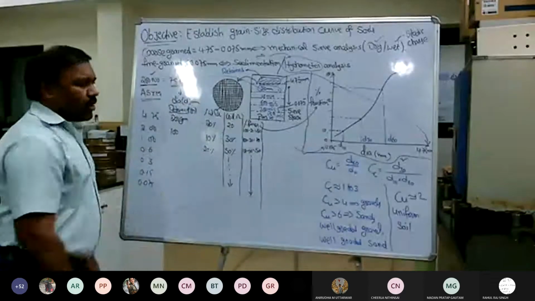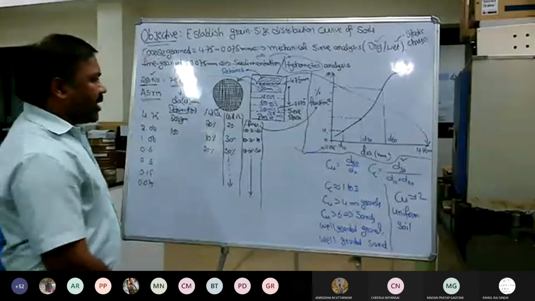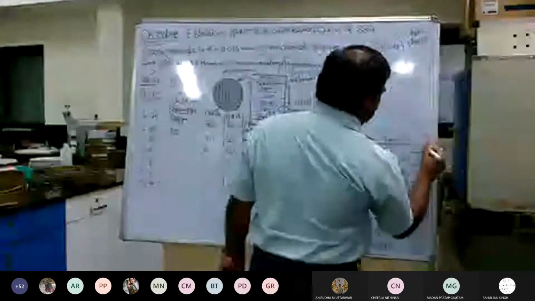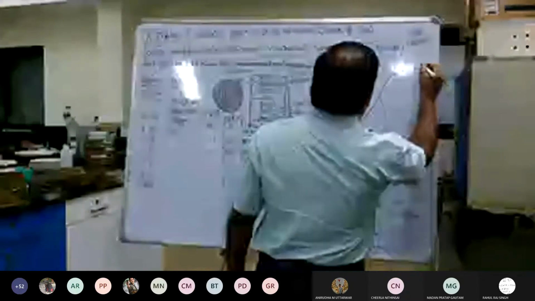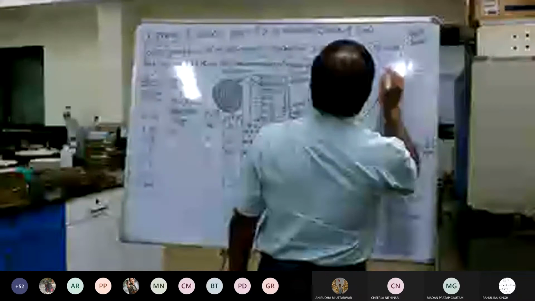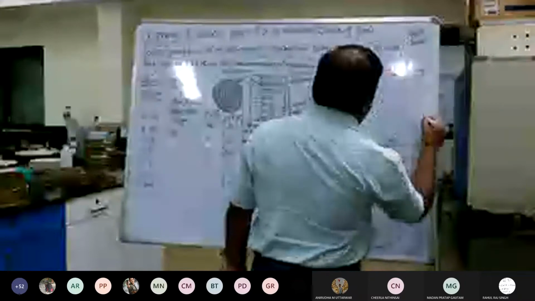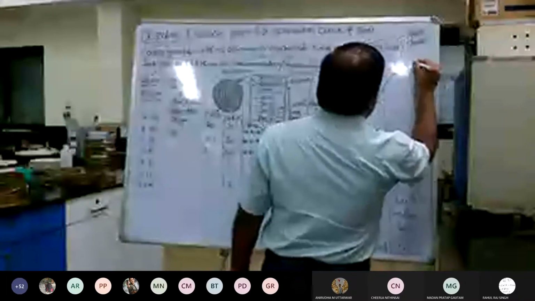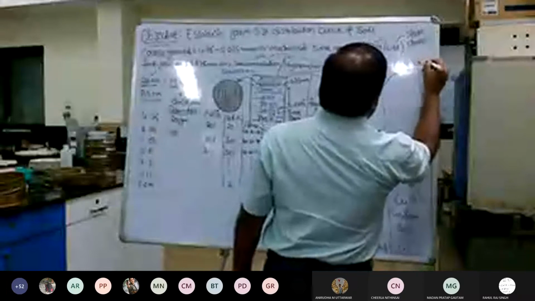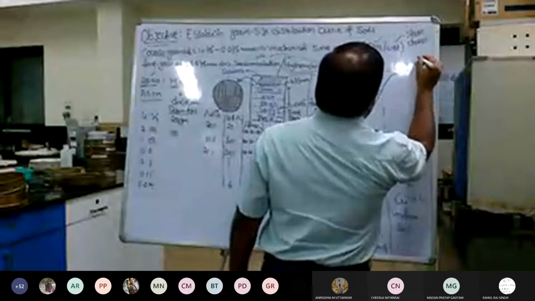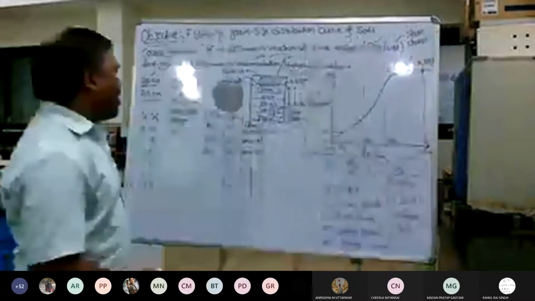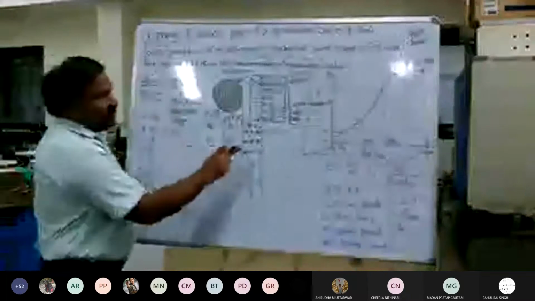These two will become one point. For example, corresponding to this 4.75, the percentage finer is 80%. Similarly for all other particle sizes.